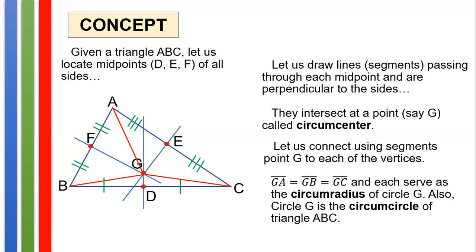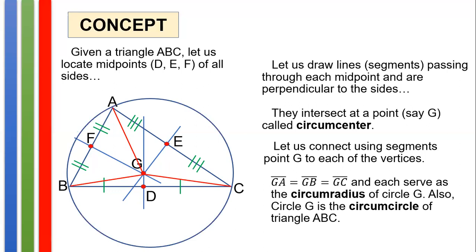So that is a simple concept check and review of the definition of circumcenter, because it's necessary for us to understand the solution to this problem. It's also important to see that these points A, B, C could actually serve as the three points on the circle, and this circle is your circumcircle.